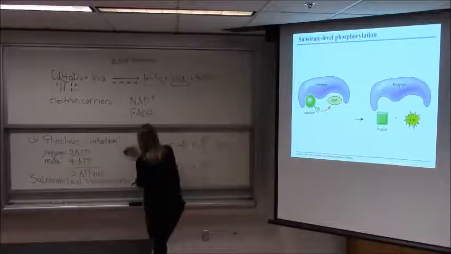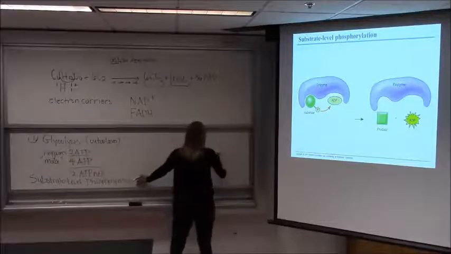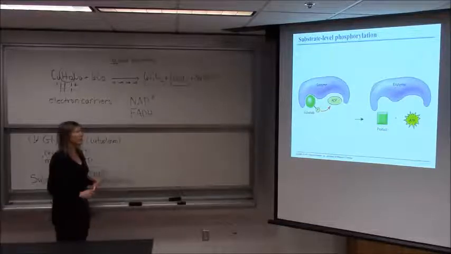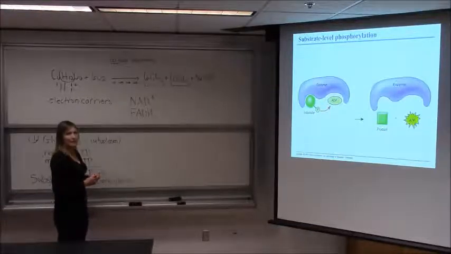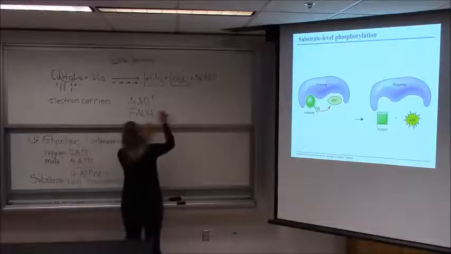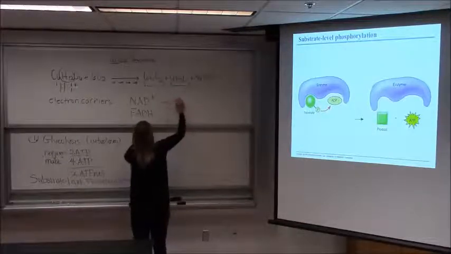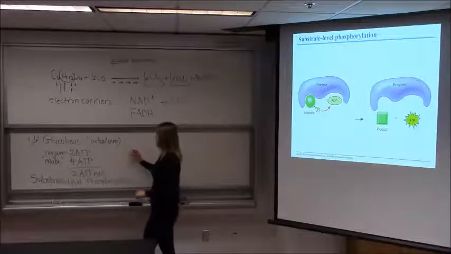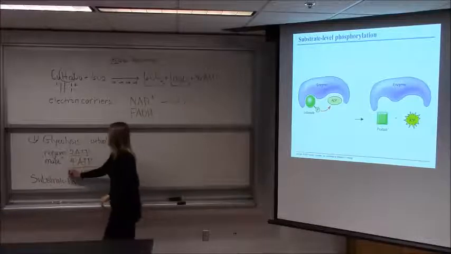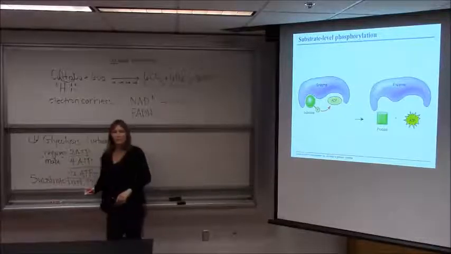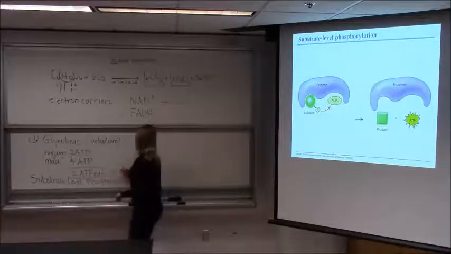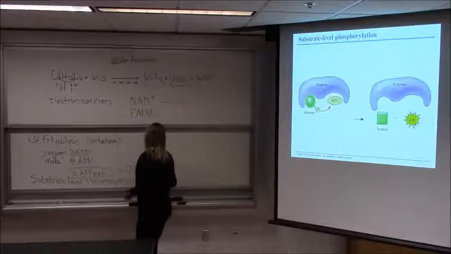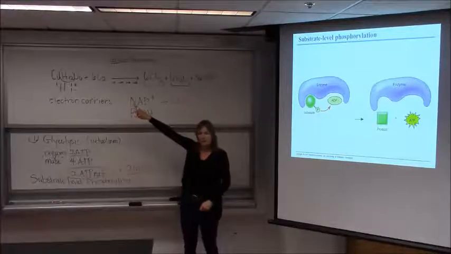Another important thing we do is we start picking up those 12 hydrogens. We're going to pick up 2 of those hydrogens using our electron carrier NAD+. And when NAD+ picks up that hydrogen, it becomes NADH. Okay, so in glycolysis, we are going to generate 2 ATP via substrate level phosphorylation. We're also going to make 2 NADH. We're picking up the first 2 of our hydrogens from that glucose molecule.